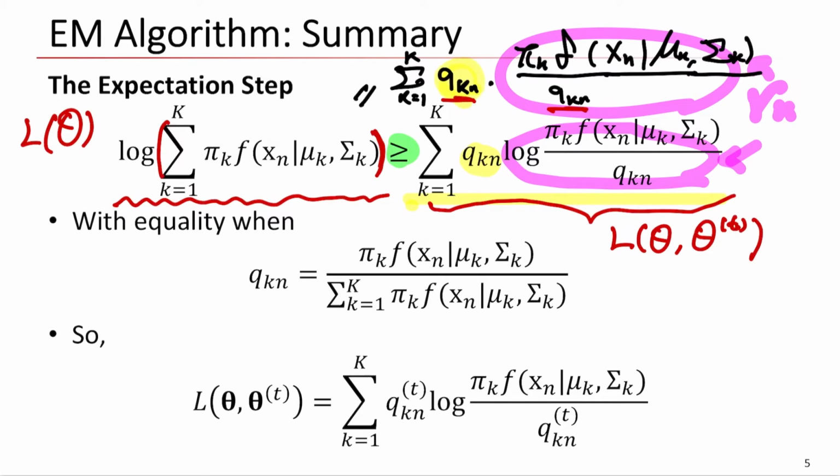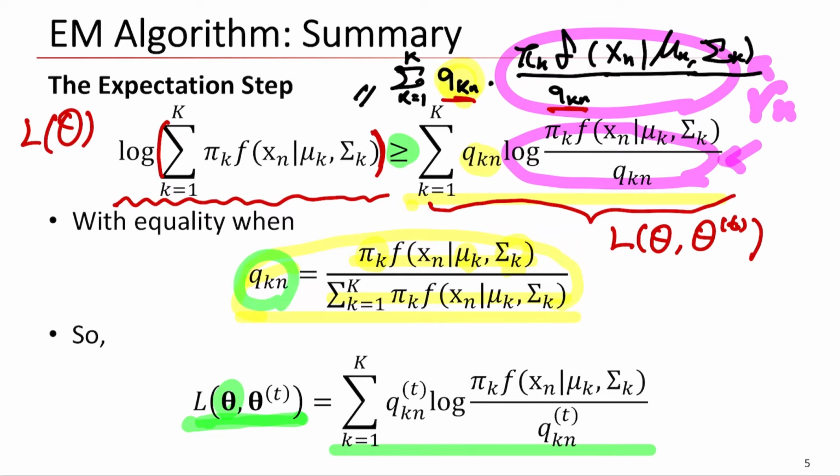Then by introducing the QKN, what is the QKN? We can define the QKN something like this, right? With the pi k, mu k, sigma k here. So finally, the loss of theta given theta t, we have the new term, something like that.